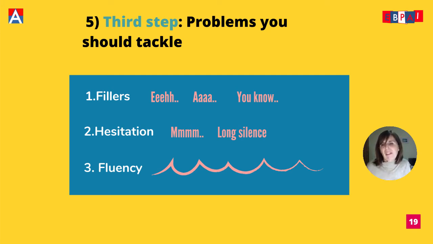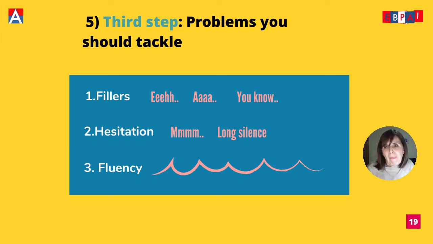Another problem is hesitation. It's when you don't really know, you're very confused about what to say, and so you either are very silent. You can be silent, but not for a very long time, because then it becomes awkward.